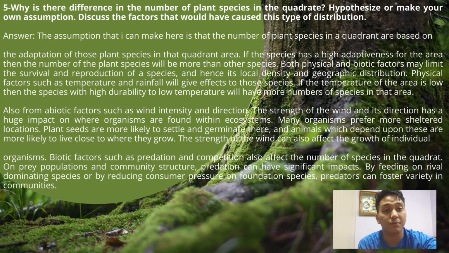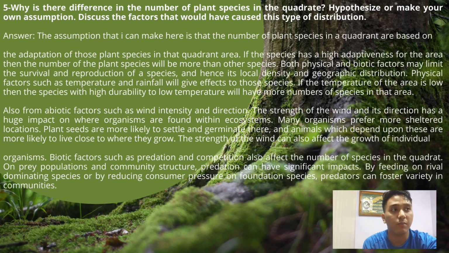For the last question, the assumption that I can make here is that the number of plant species in a quadrant is based on the adaptation of those plant species to the quadrant area. If a species has a high adaptiveness for the area, then the number of that species will be more than other species.